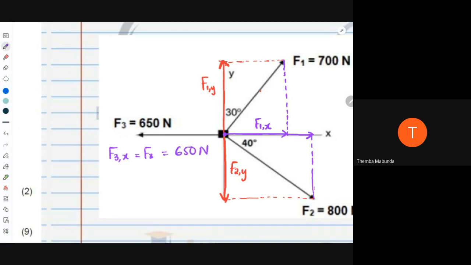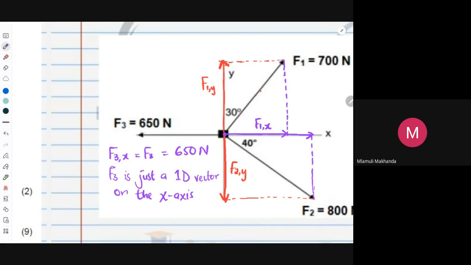Because F3 is just a 1D vector on the x-axis. So there's no need to resolve it.